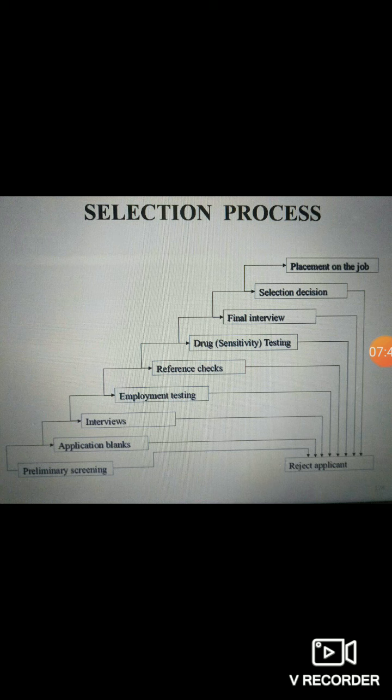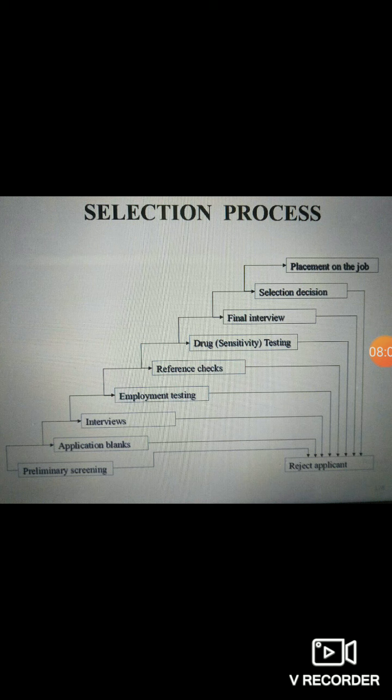In that case, the interview also will have some rejections if the communication is very poor, or the emotional health is very poor, or the candidate is not in a position to understand the purpose of the question and he blabbers something, then we can straight away give negative marking.